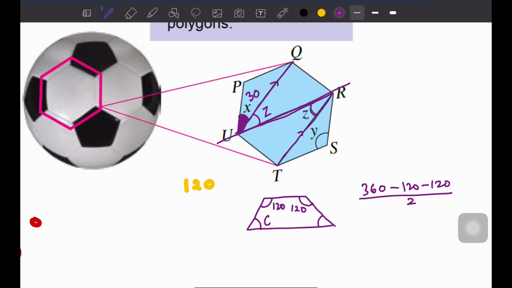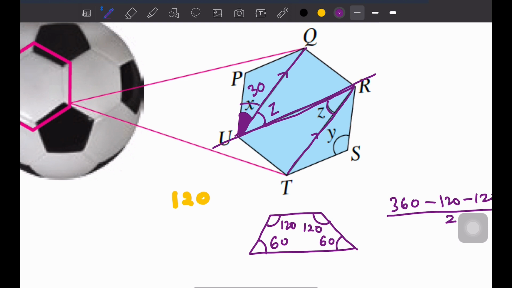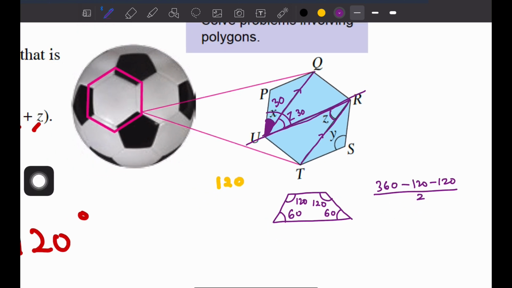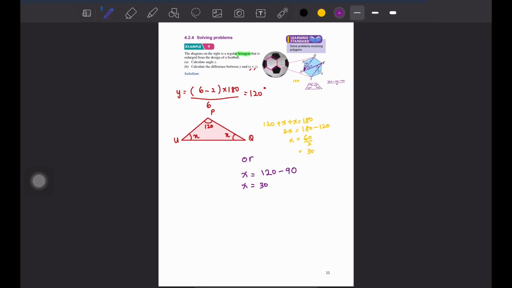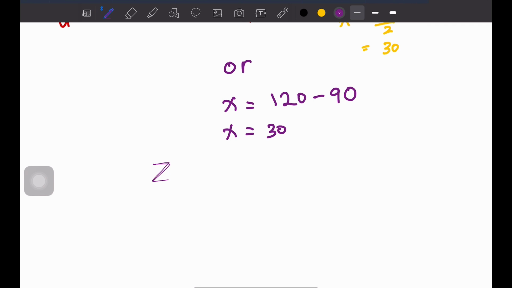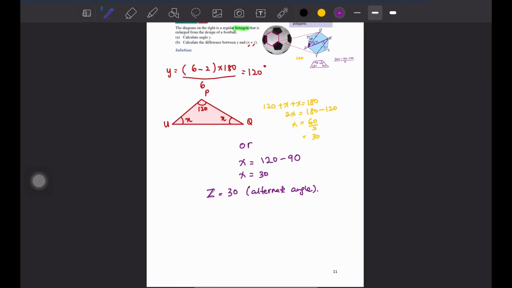So we have 60 and 60. So we know that both of these are 60. This one is already 30, so if here is 30, then z is 30. So z is equal to 30 also because of alternate angles. So what is your answer for b?